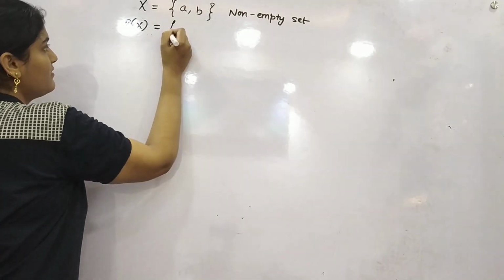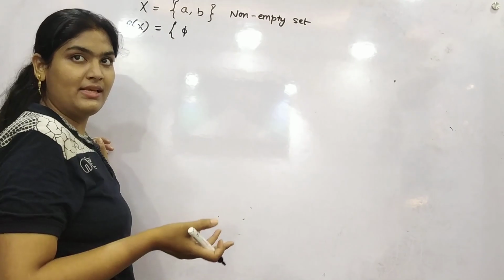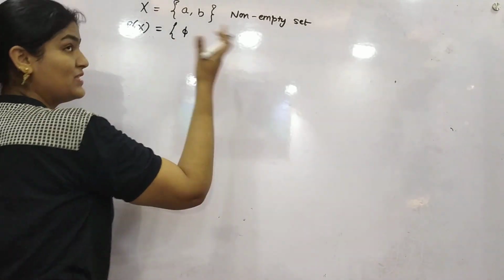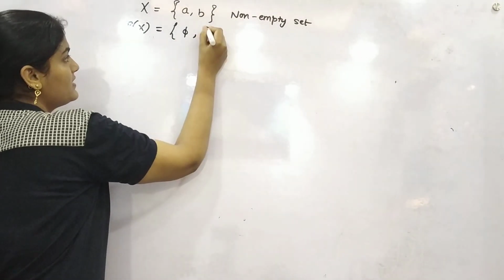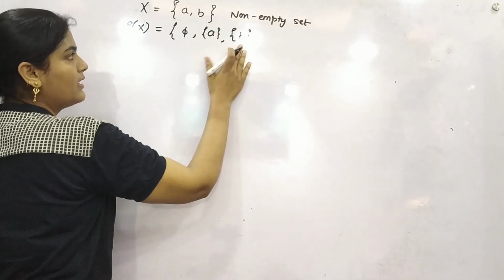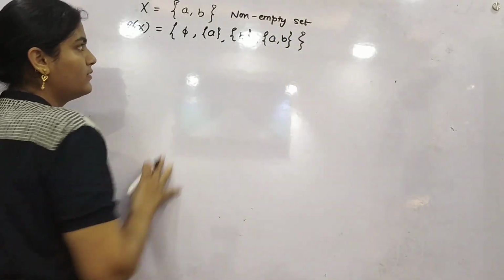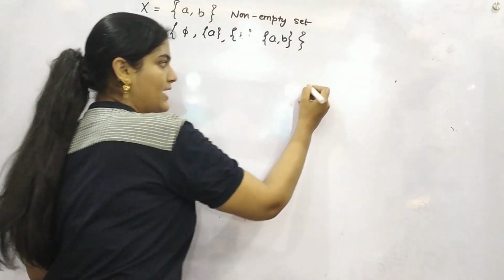So that power set will be firstly phi, because the null set is a subset of any set. Thereafter the elements in different forms and the whole set. You know the subsets, right?